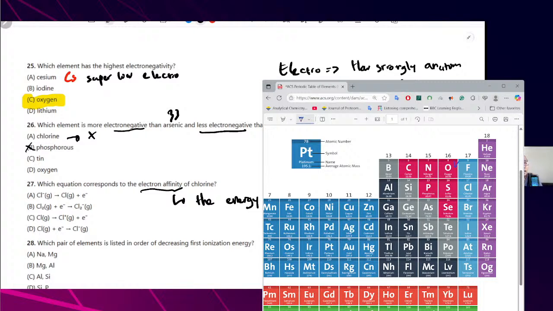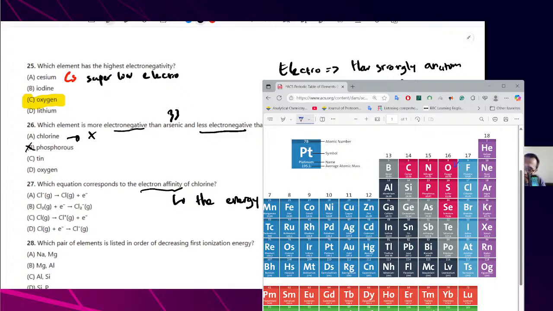So when we are adding an electron to a neutral atom, what we want is neutral chlorine gains an electron, becomes Cl minus.